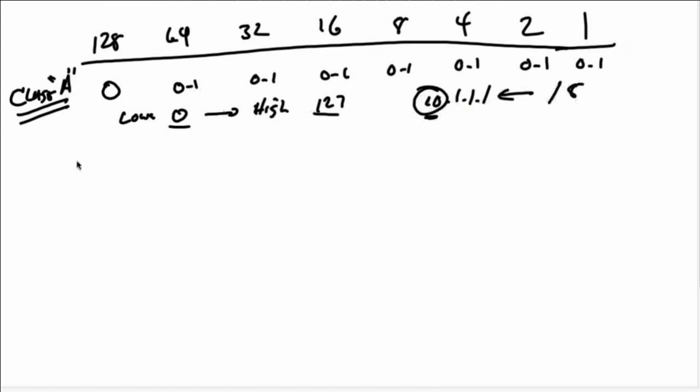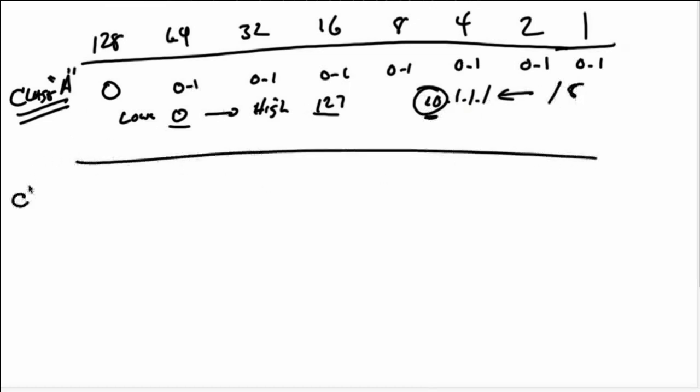So let's take a look at the next one, a Class B address. The Class B address says this one must be 1. In fact, what I'll do is I'll do these in red. The ones that aren't allowed to change, I'll do them in red. So 0.